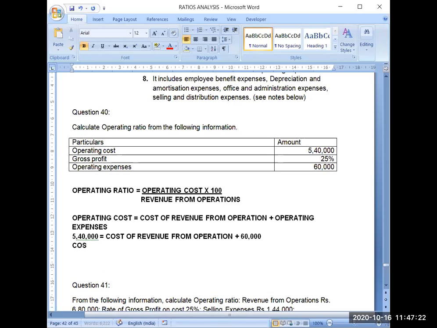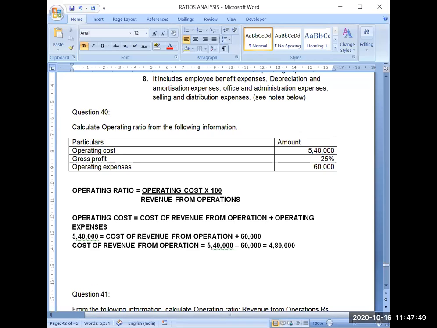So cost of revenue from operation will be 5,40,000 minus 60,000. It will become 4,80,000. So now I have got cost of revenue from operation.